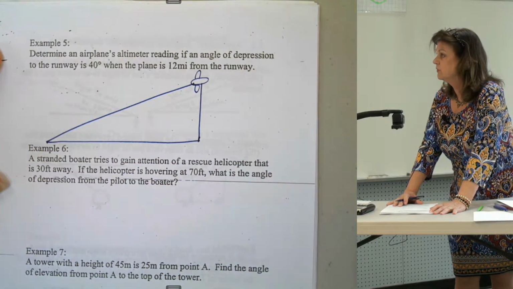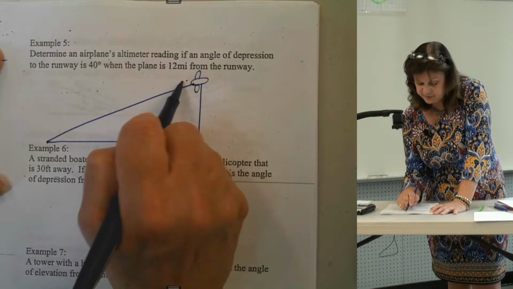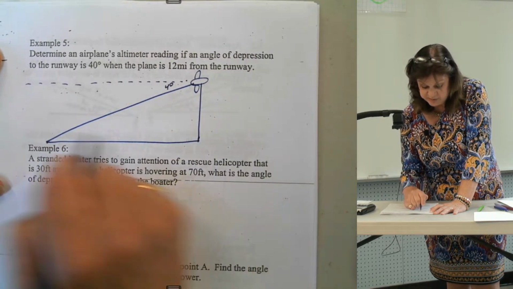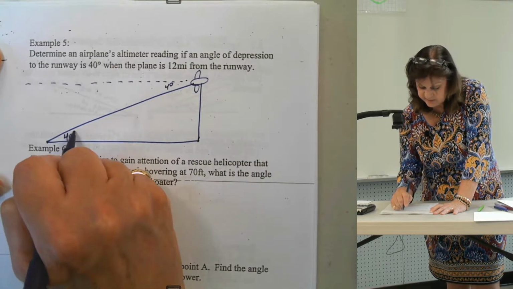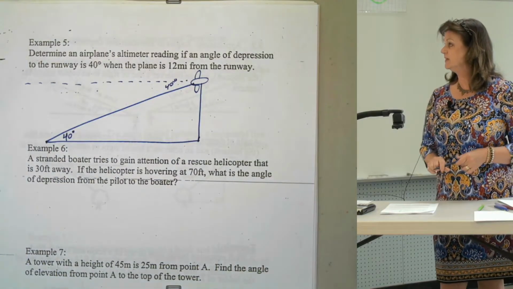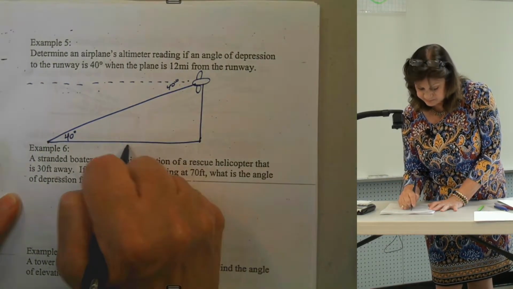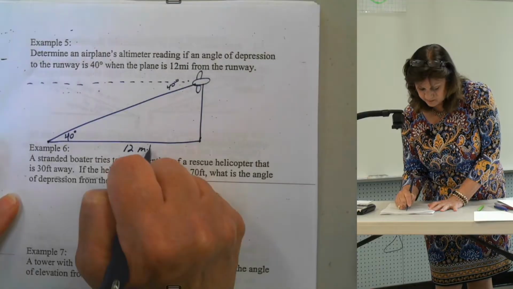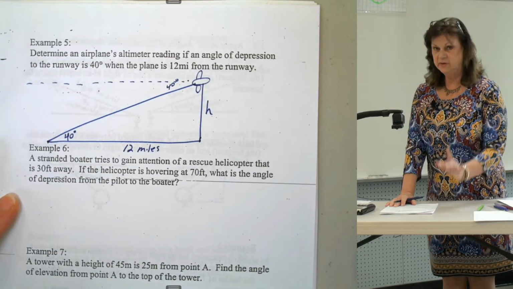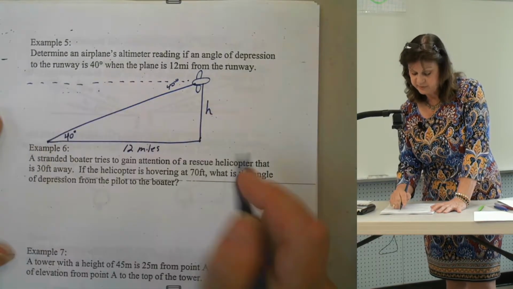So what do we know? The angle of depression, remember that your imaginary horizon is 40 degrees, which means my angle of elevation is 40 degrees. The plane is 12 miles from the runway, and we're looking for the height. So think about what you have coming off this right triangle that you've drawn.